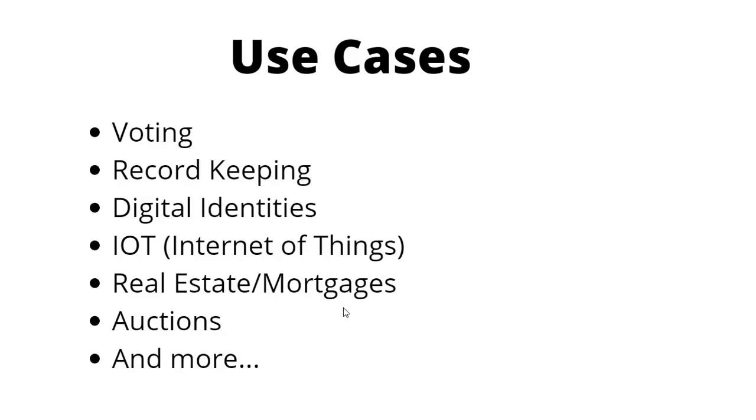Also it can be used for record keeping, digital identities, Internet of Things, real estate, mortgages, auctions. In anything where there is data involved, we can use blockchain to help decentralize things and make them more secure and safer from fraud.